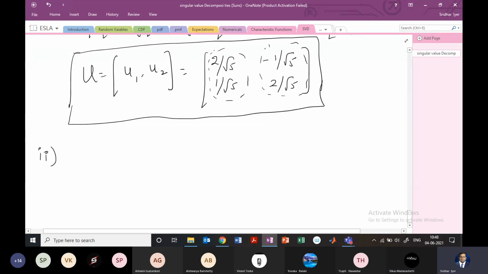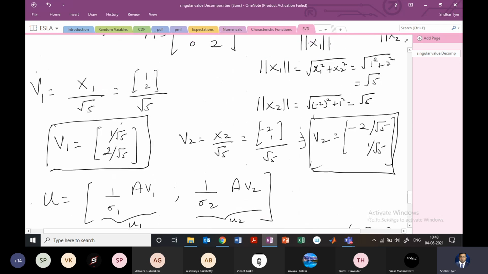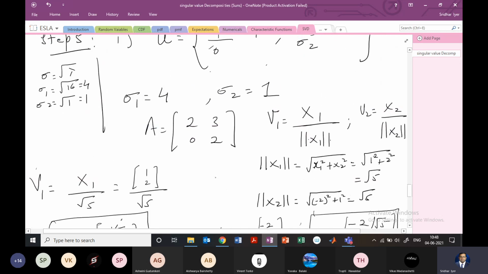Okay. Second is we need to find v, and v is x1 by magnitude of x1, comma x2 by magnitude of x2. So we have the values of x1 and x2. Let me scroll up. This is where we have found it.